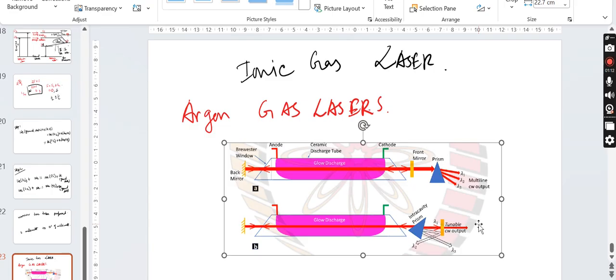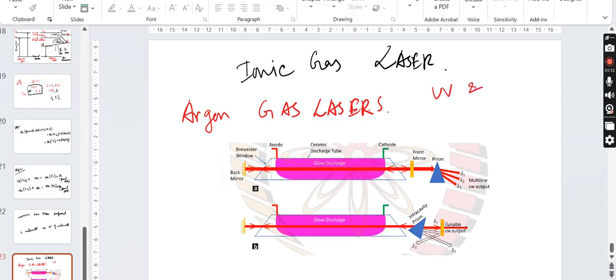So it is also a CW laser, and it is basically used to generate UV and visible wavelengths. And it has more power than the helium laser also.